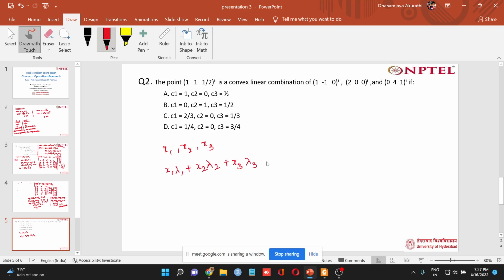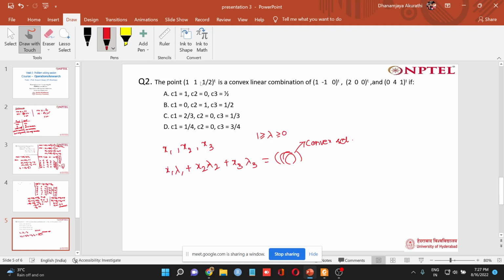Lambda 1, lambda 2, lambda 3 are arbitrary variables that are greater than or equal to 0 and sum to 1. So whatever solution we get will also be in the convex set. Then we can say that the combination is a convex linear combination.